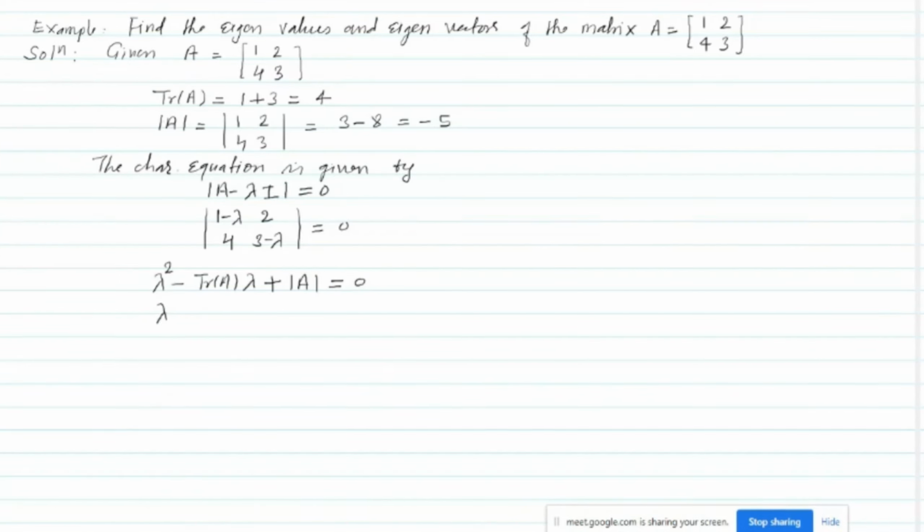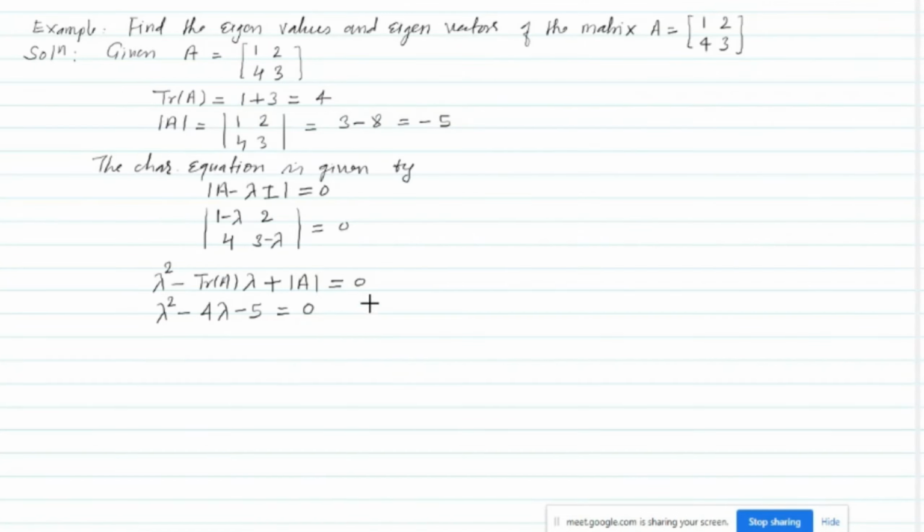So we write here lambda square minus trace of A, which we found, that is 4 lambda, and determinant of A is minus 5. Just write down minus 5, and this equals 0.